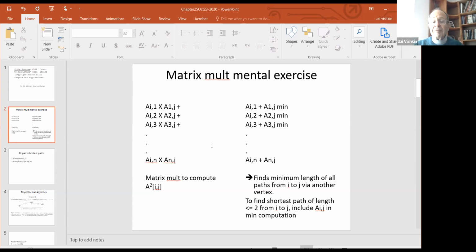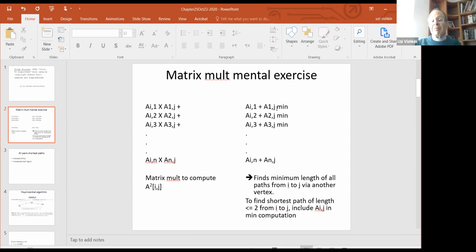So what will I do? I will go from i perhaps to vertex 1, which is one of the k's I can stop. Then I will go from 1 to j, and I'm going to consider it for the shortest path. But I don't know if it will be in the shortest path.